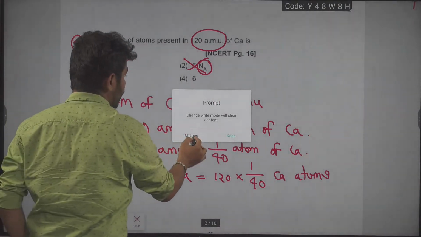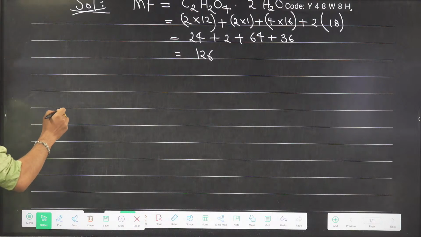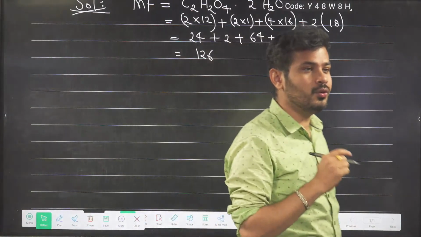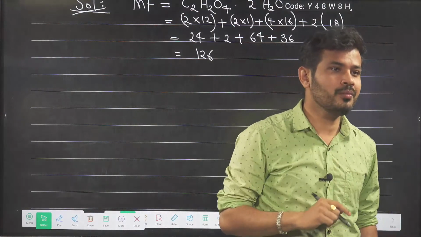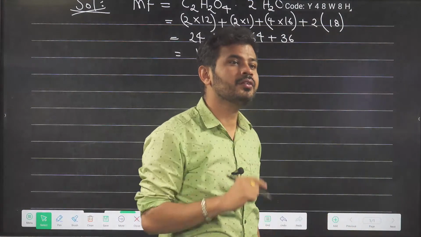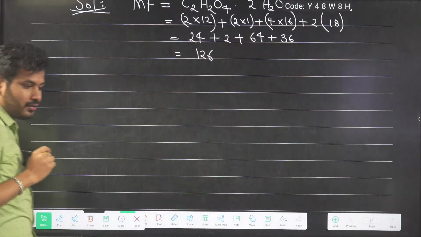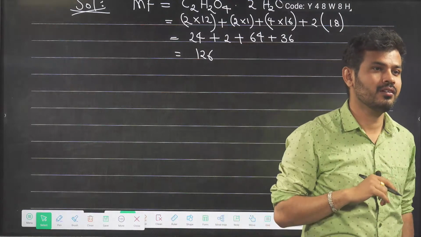So guys, in the last class we have discussed what is atomic mass and molecular mass. Atomic mass means mass of one atom, molecular mass means mass of one molecule. Now the question is, do you think one single atom you can touch or feel?